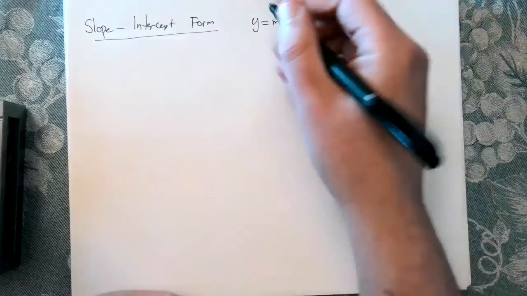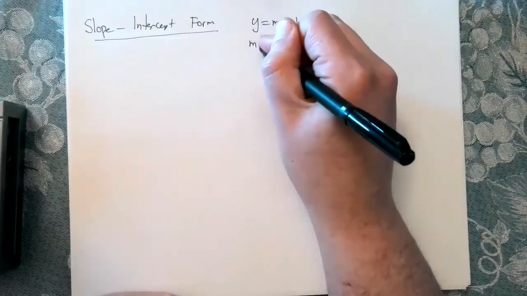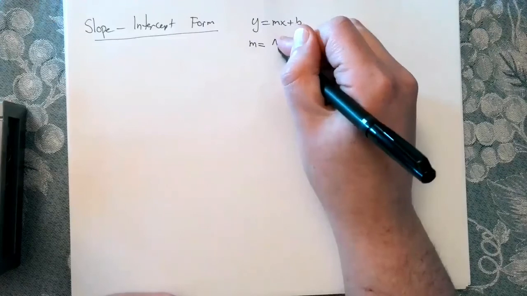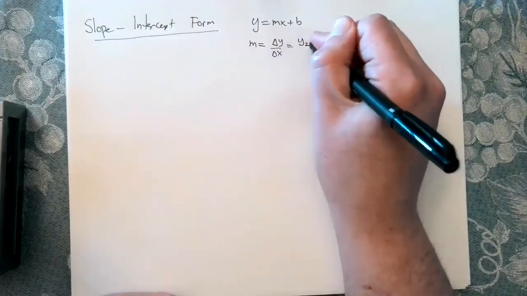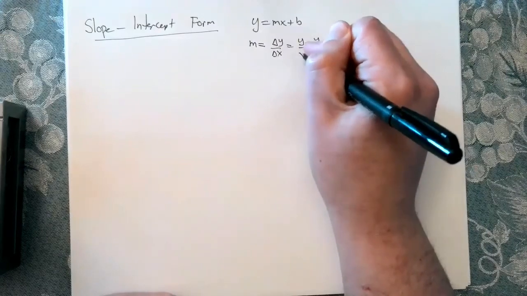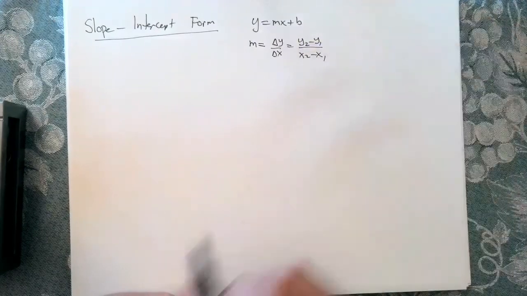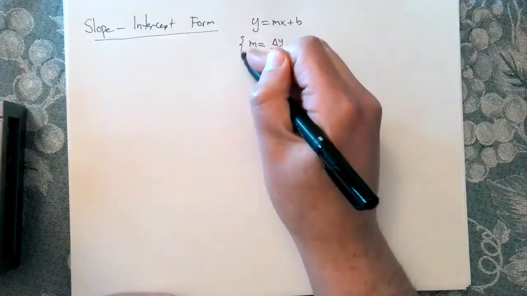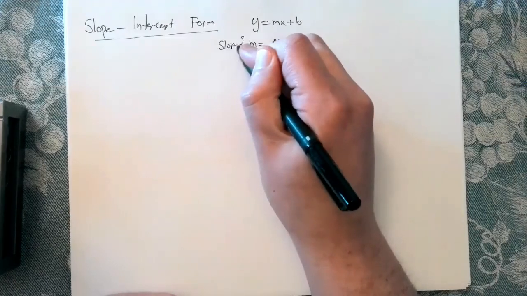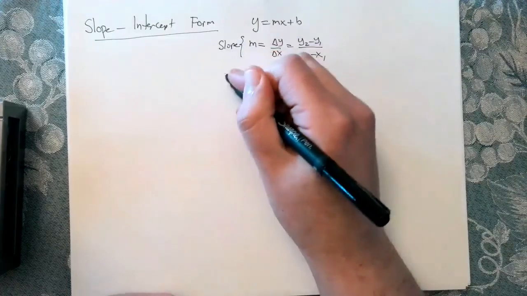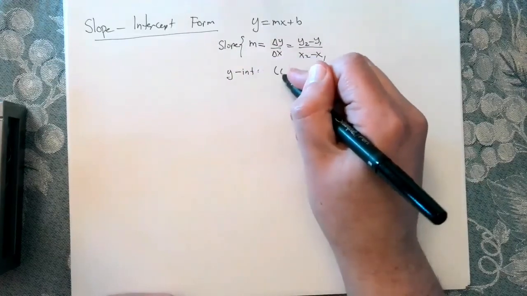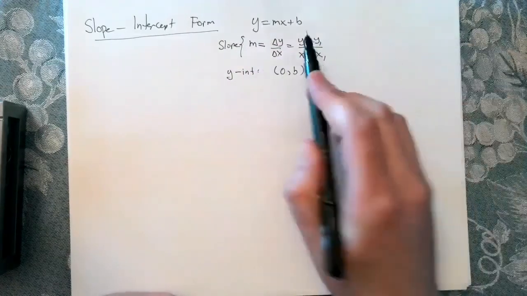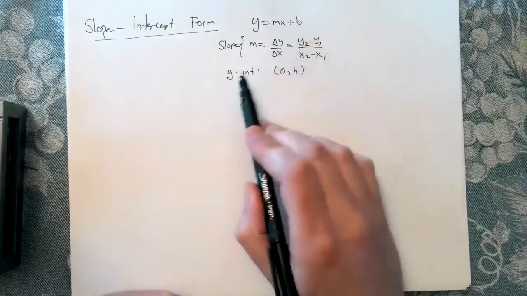And with that, we said that m is the slope, and that's given by the change in y's over the change in x's. That's y2 minus y1 over x2 minus x1. Okay, so that's the slope. And then we said that the y-intercept was the point 0, comma b. So b corresponds to the y-intercept.